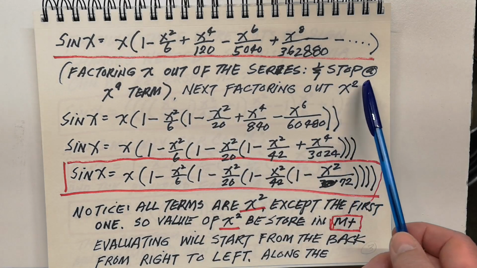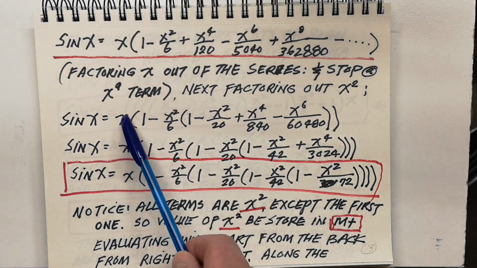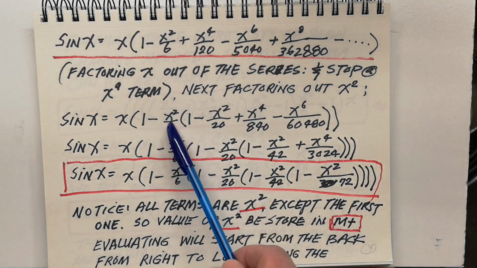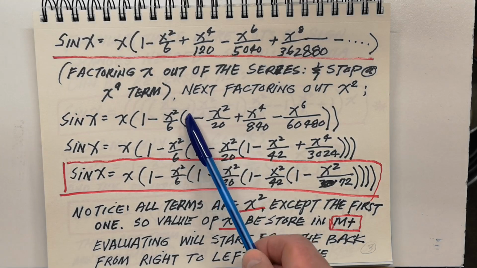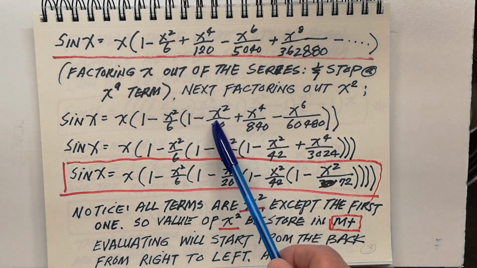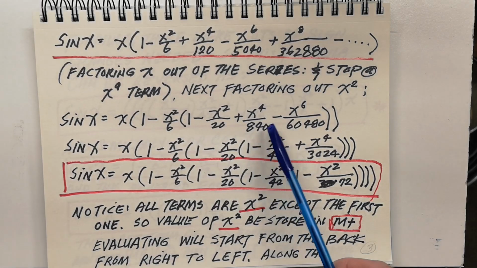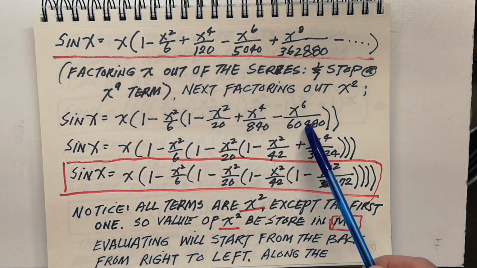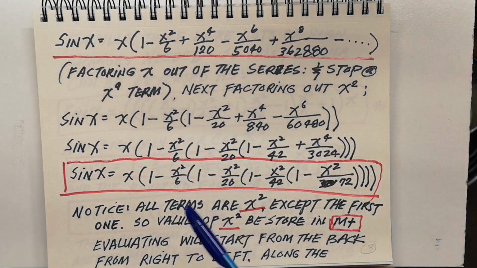Next, factoring out the x squared. Sine x equals x multiplied by quantity 1 minus x squared over 6, it's factored out, and quantity 1 minus x squared over 20 plus x to the 4th over 840 minus x to the 6th over 6480, double parenthesis.